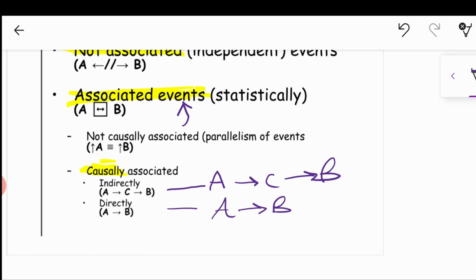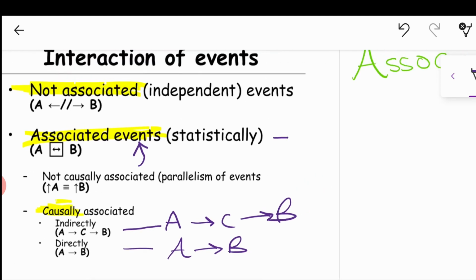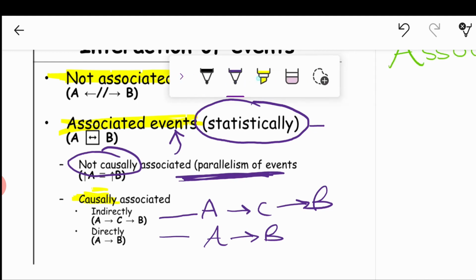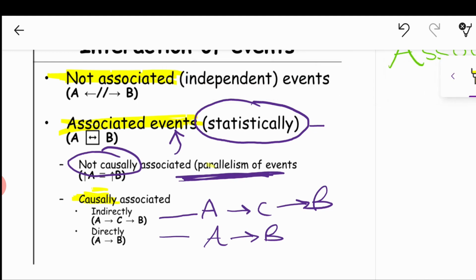Alright, so this is the idea of correlation doesn't mean causation. If something is correlated, statistically associated, does not mean it's causally associated. So the word here is parallelism. Yeah.